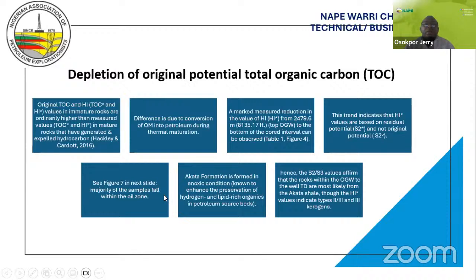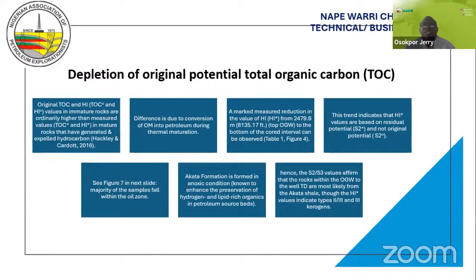So in this well under review, there was a marked reduction in the value of the hydrogen potential from a depth to another depth, which is actually within the oil generating window of the well, within the cored interval.